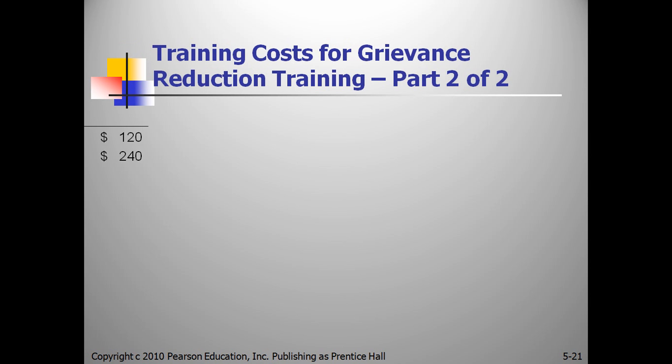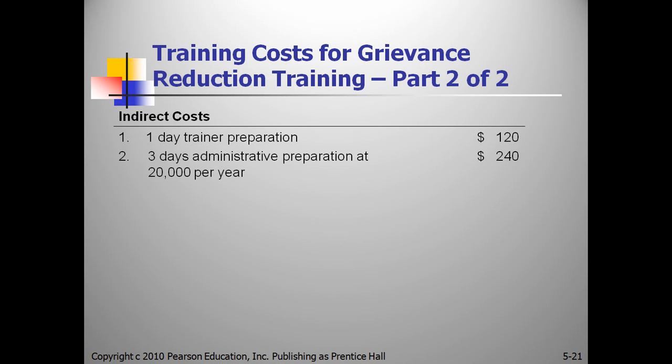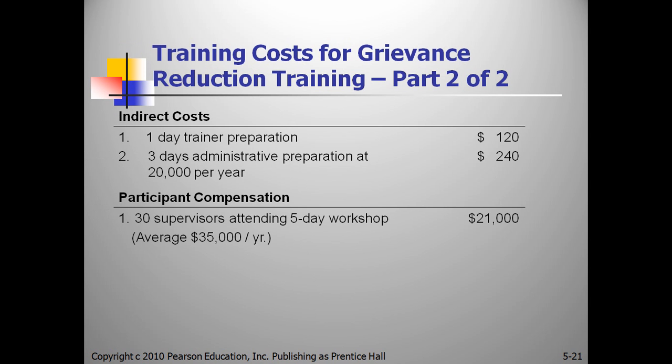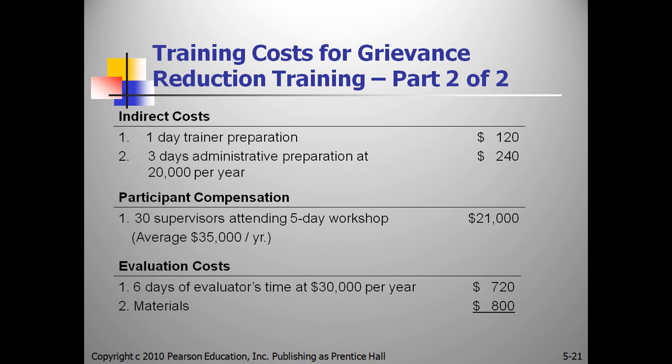The total training cost for the 5 days can easily be as high as $32,000 or more. It's easy to see that financial decisions must be made to ensure the value of training outweighs the expenses.